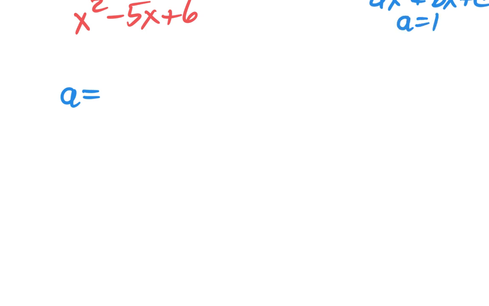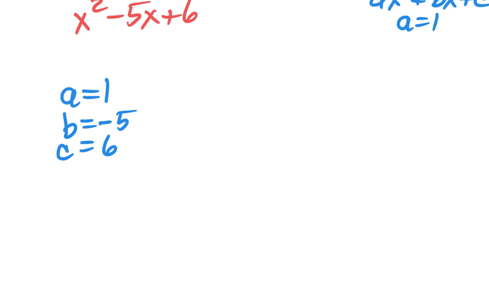So A is going to be 1. If there's no number in front of x, we assume that to be 1. B, that's the number in front of x by itself. That is a negative 5. Make sure you include that negative sign in front of the 5. C is going to be 6.